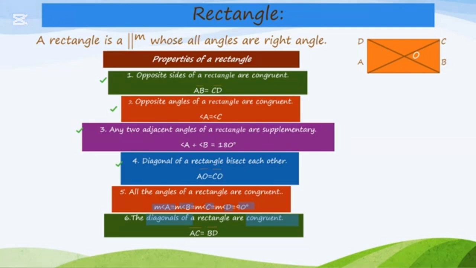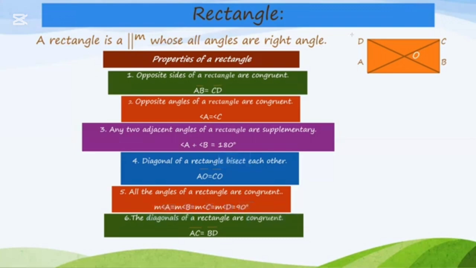So, for the rectangle's diagonal, there are two properties: they bisect each other as well as they are congruent. But for the parallelogram, they only bisect each other. They are not congruent.